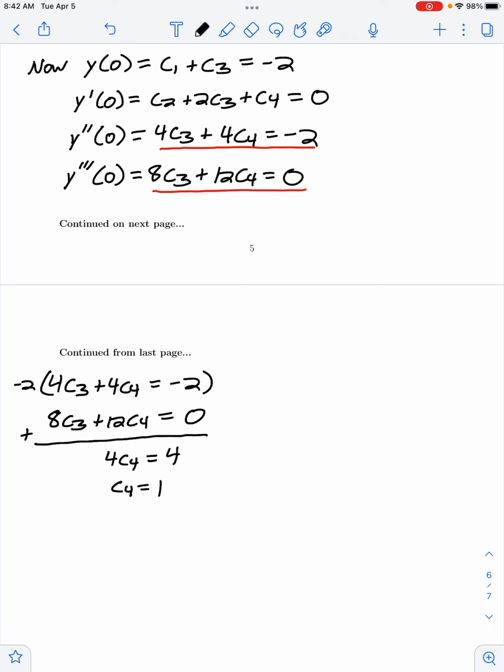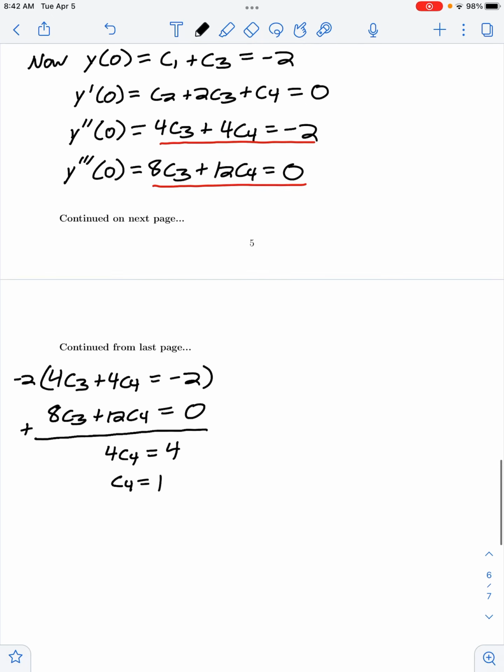And now substituting back into one of my previous equations, I can solve for c3. It follows from my second equation that 8c3 is equal to negative 12c4, and since c4 was 1, that would be negative 12.